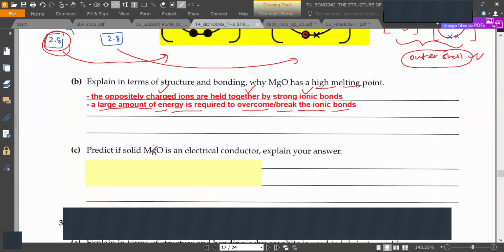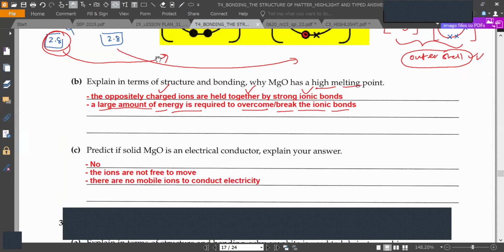Predict if solid magnesium oxide is an electrical conductor. Explain your answer. It's not, because the ions are not free to move. There are no mobile ions to conduct electricity.